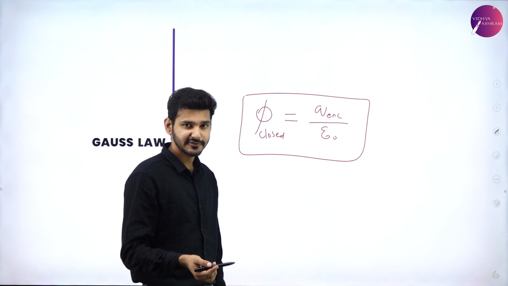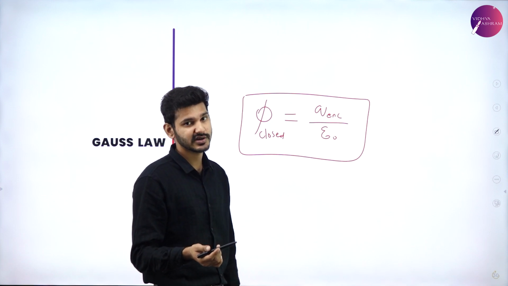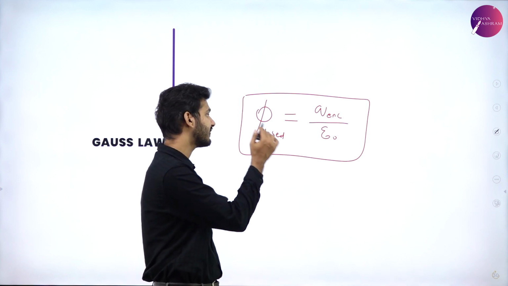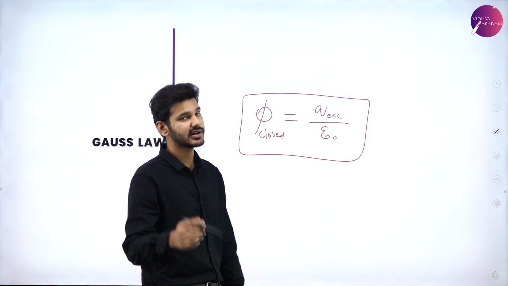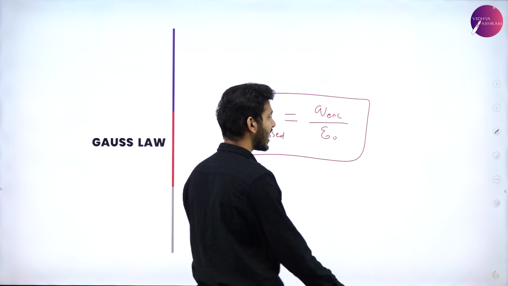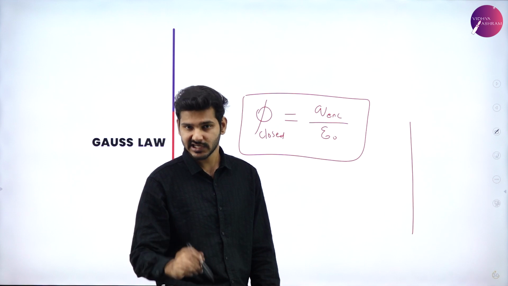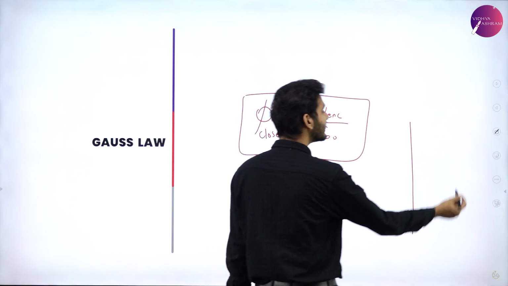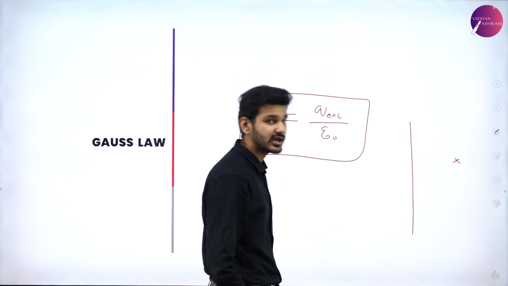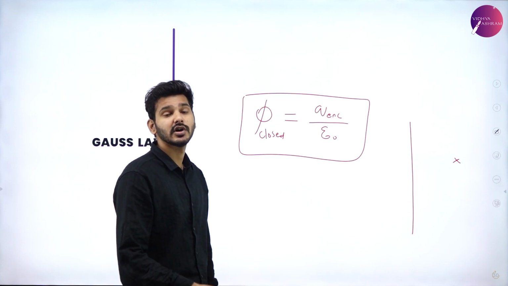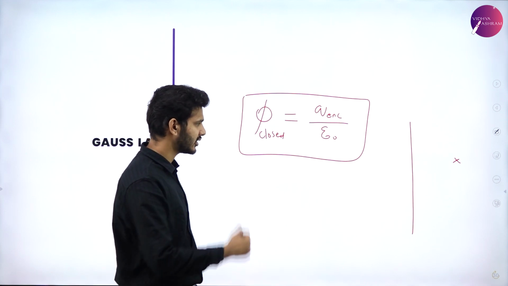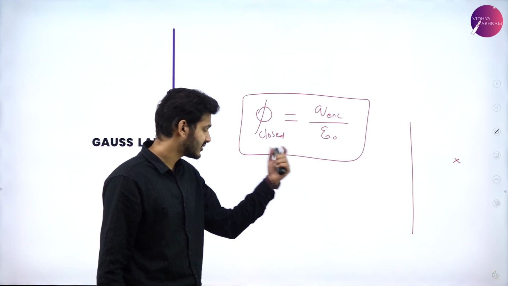For any closed surface, we can use a symmetry argument and determine the flux coming out of that particular region. Let's say you have a line of charge. Let's say you have a wire which is completely charged and you want to know the electric field at a point R distance away from that charged wire.